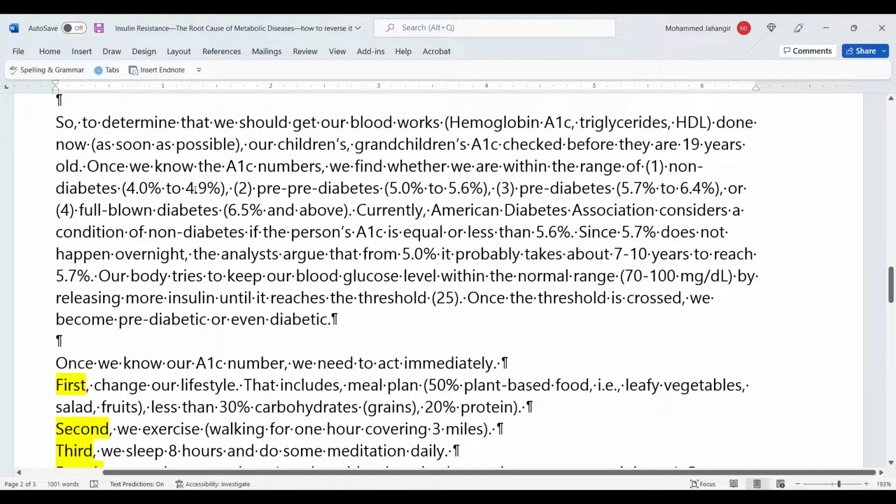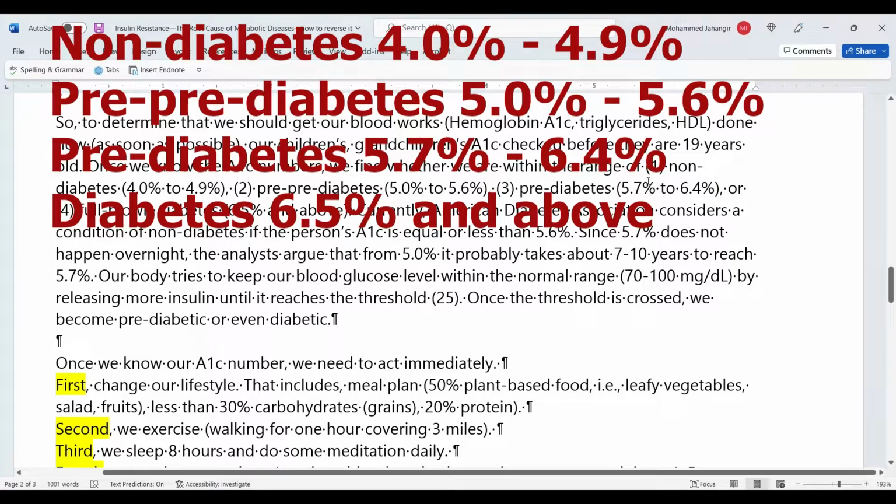Once we know the A1C numbers, we find whether we are within the range of non-diabetes, between 4% and 4.9%, pre-diabetes between 5% and 5.6%, pre-diabetes 5.7% to 6.4%, or full-blown diabetes, 6.5% and above.